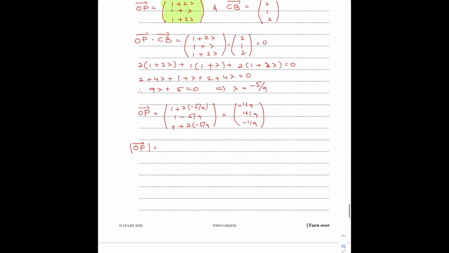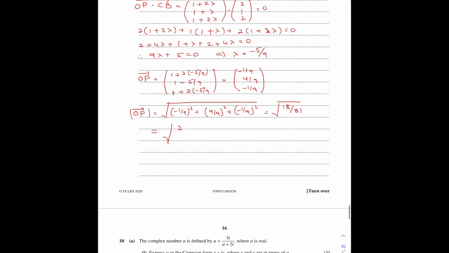So the modulus of OP, because we have to calculate the length of OP, the perpendicular length. It says find the exact length of that. Length means modulus, which is the square root of (negative 1 over 9) squared plus (4 over 9) squared plus (negative 1 over 9) squared, which is the same as square root of 18 over 81, and that is 1 over 3 root 2, the exact length.